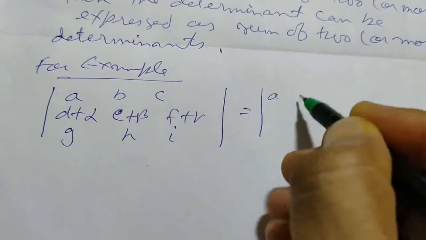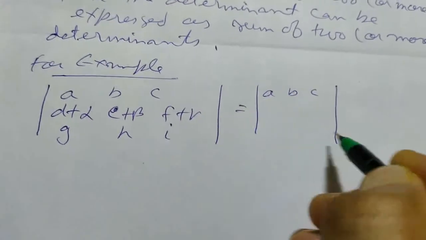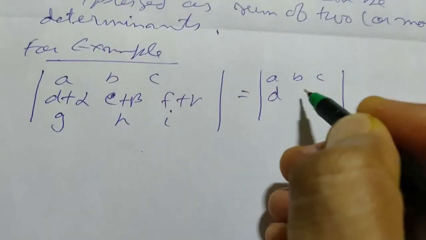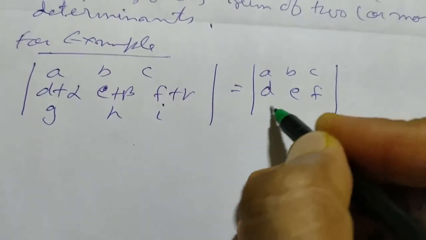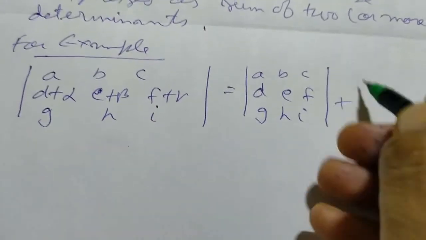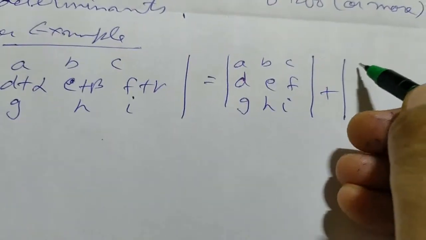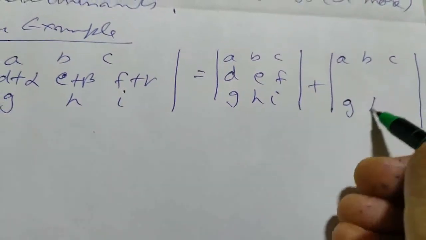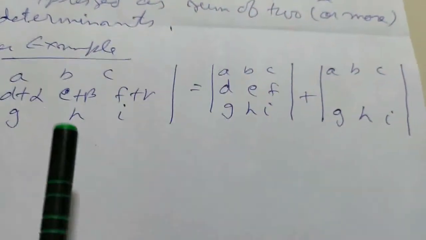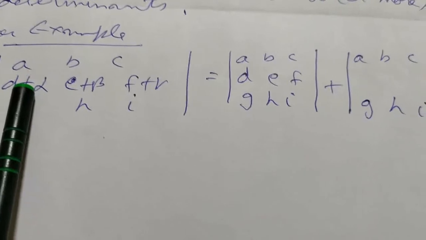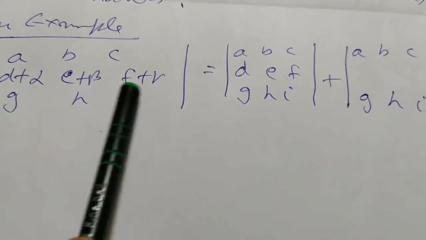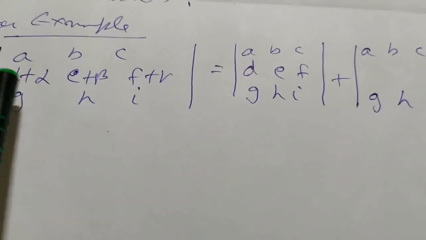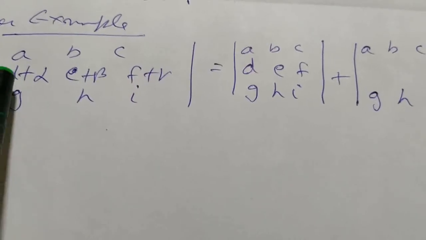First row will remain as it is, a, b, c in both of the determinants. So then d, e, f, g, h, i plus, then again as I told you, a, b, c first row will remain as it is, third row will also remain g, h, i. In the first determinant we have broken row 2 into two parts.